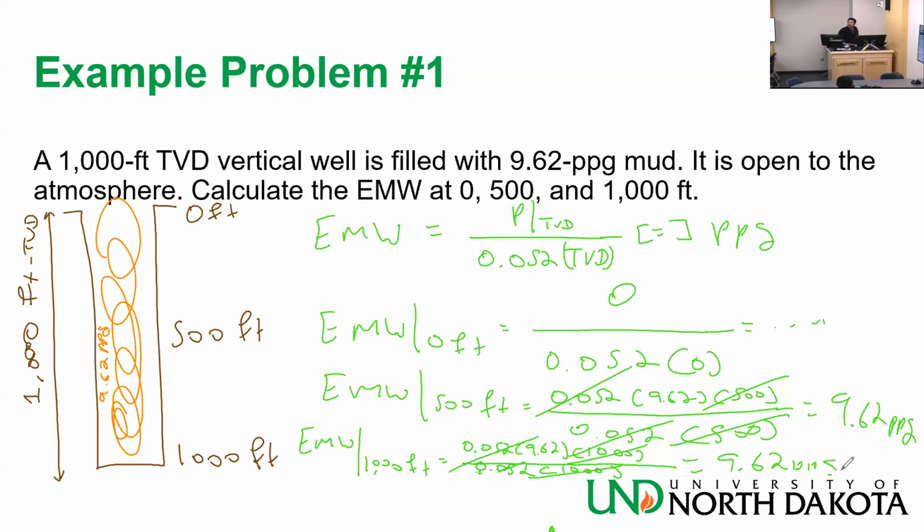Okay. Can I ask a question? Yeah, of course. If there's a pressure applied to the drill pipe, like 1,000, then the pressure at the surface is 1,000 plus 0.052 times the mud weight times 0.